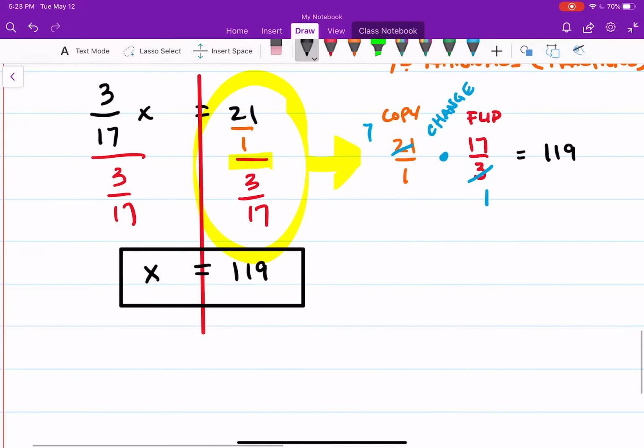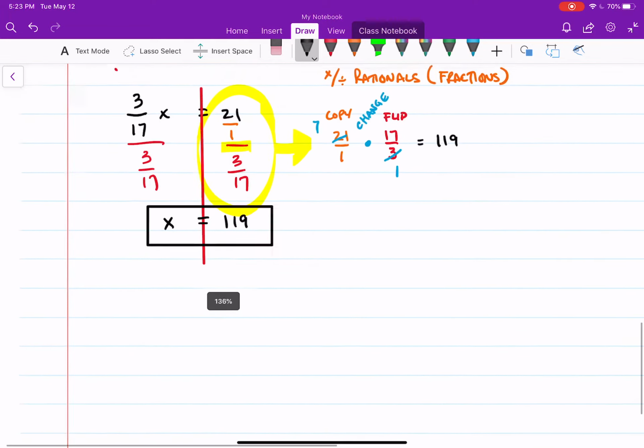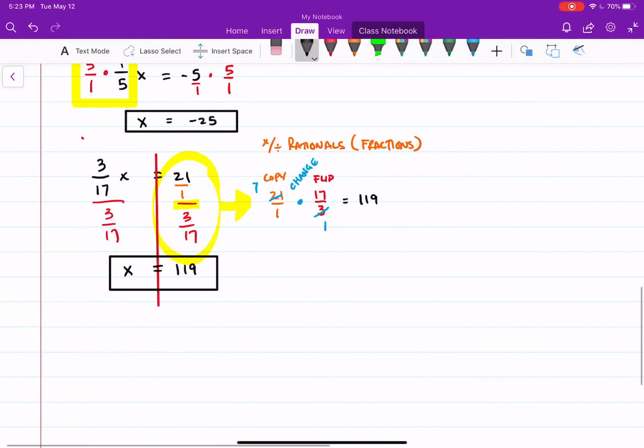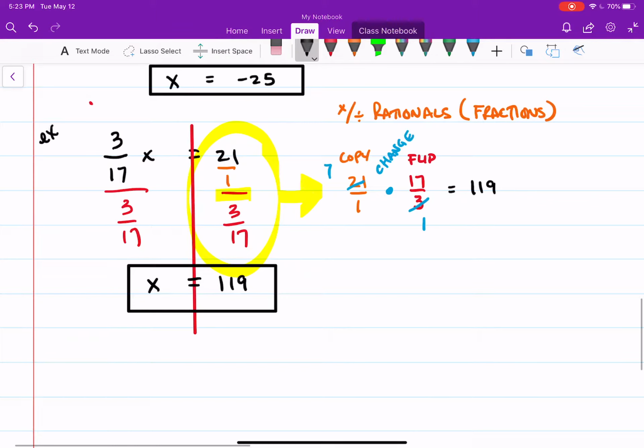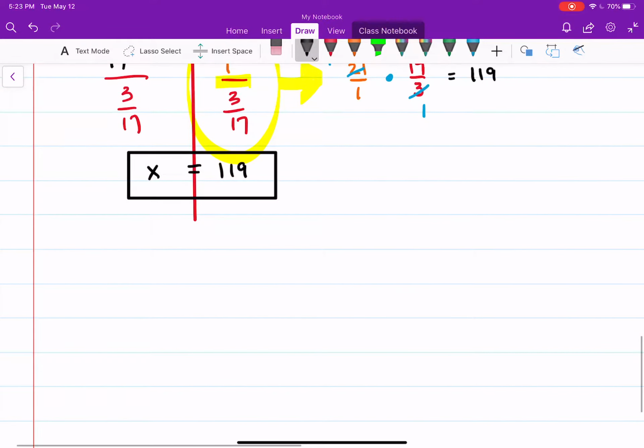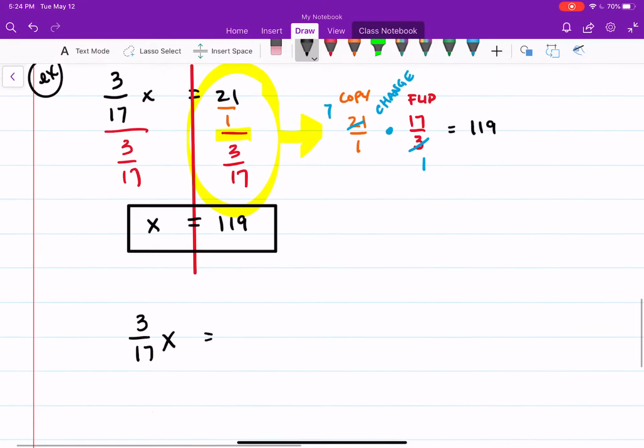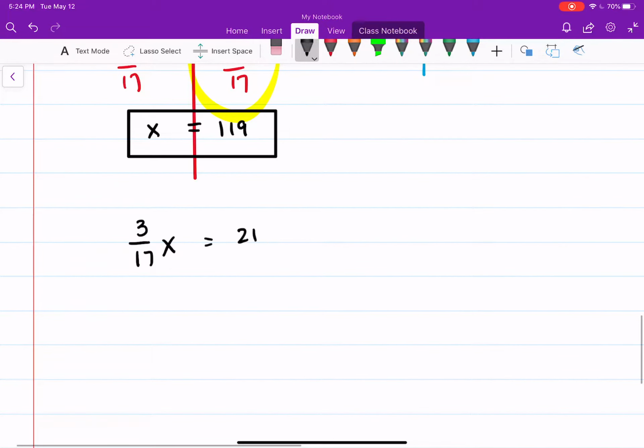Okay? Now, what's the other way of doing it? The other method of doing this, oops, I forgot to even write down this as an example. The other method is saying, okay, I got 3/17 x is equal to 21. And I said multiply by the inverse. Huh, that looks familiar.